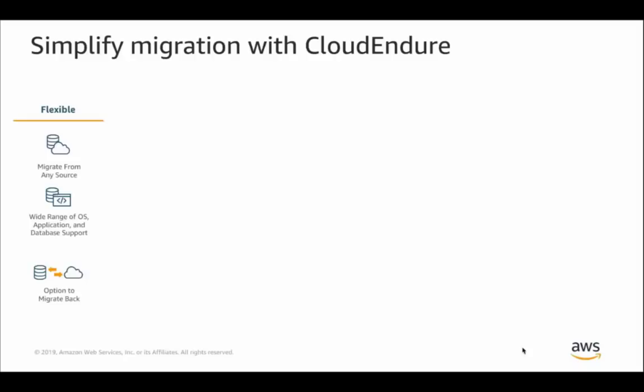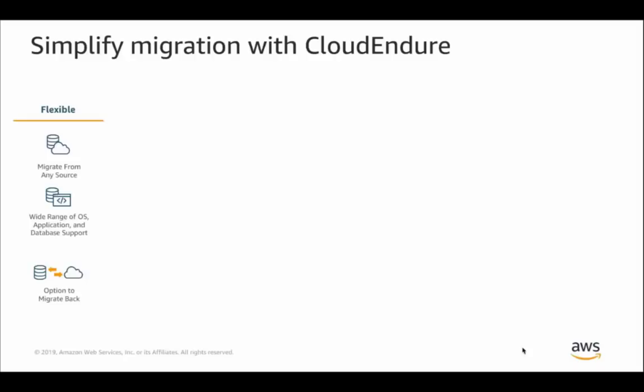Finally, CloudEndure offers you the option to migrate back in case you need to, for reasons such as issues on the target platform, or, for example, performance degradation, or any kind of cost-related issues.